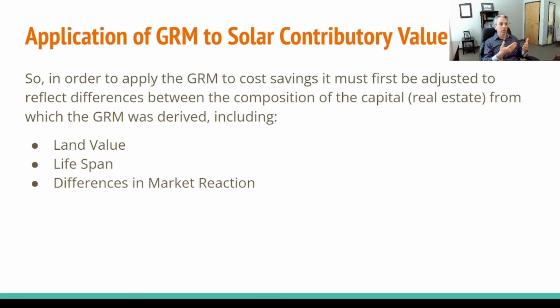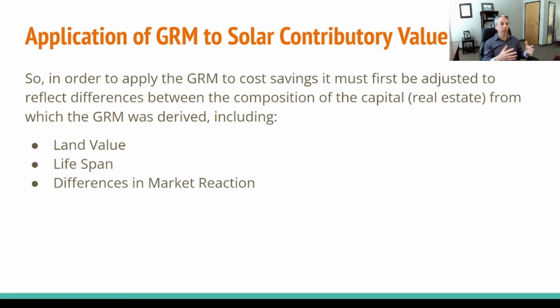So we need to adjust that GRM for land value. So if you add any improvement to the real estate, you're not adding land value, so that will not necessarily impact GRM in a uniform fashion.